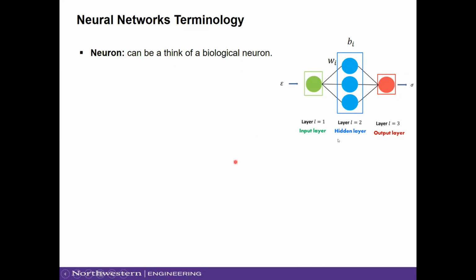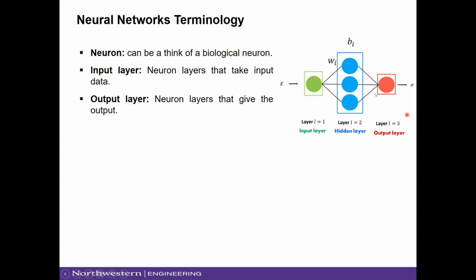Neuron, you can think of a biological neuron. Input layer, this is important. Input layer is this part of the neural network, this part of this organism, if you say so. It takes the input. Its job is to receive the input.